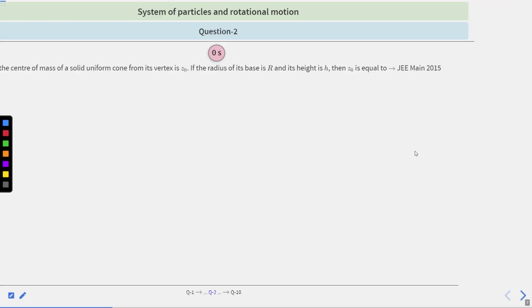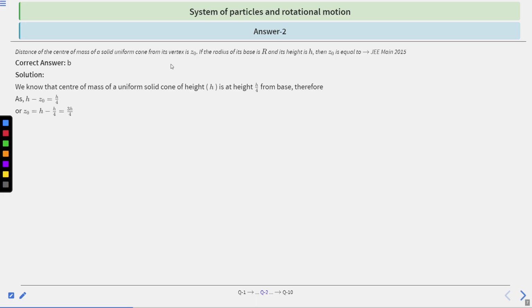Let's find the solution. The distance of the center of mass of a solid uniform cone from its vertex is z0, the radius of its base is r and the height is h. We know that the center of mass of a uniform solid cone of height h is at height h by 4 from the base.